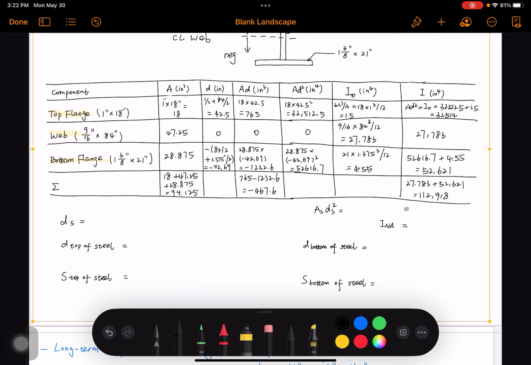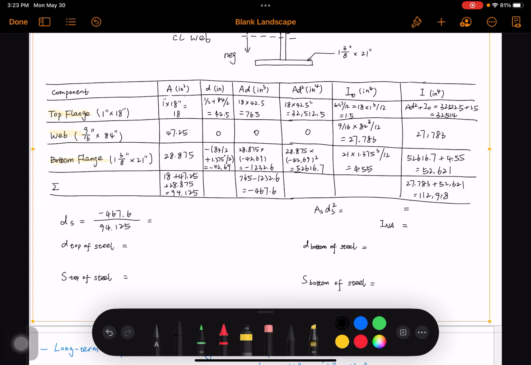Now for the whole section, the CG of the section is calculated as the moment of inertia, which is 112918, divided by total, excuse me, D is the summation of AD, which is minus 467.6 divided by the total area, 94.125.